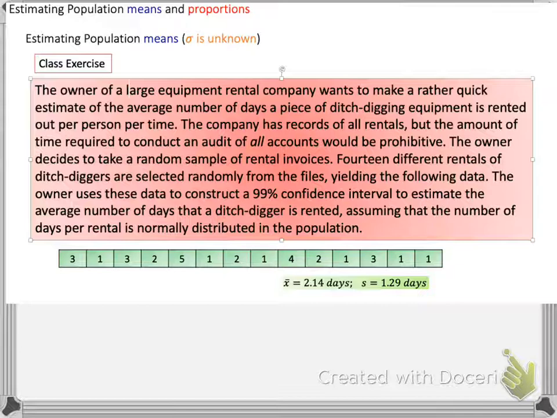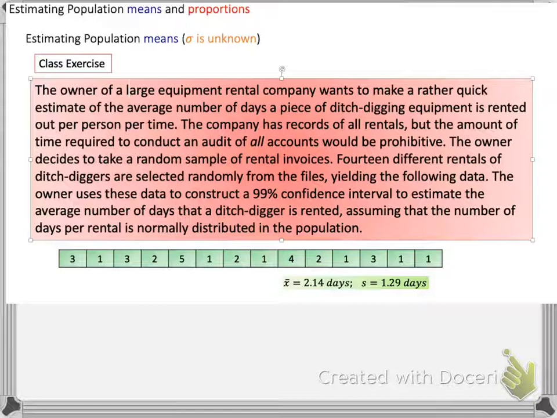The owner decides to take a random sample of rental invoices. 14 different rentals of ditch diggers are selected randomly from the files, yielding the following data. The owner uses these data to construct a 99% confidence interval to estimate the average number of days that a ditch digger is rented, assuming that the number of days per rental is normally distributed in the population.